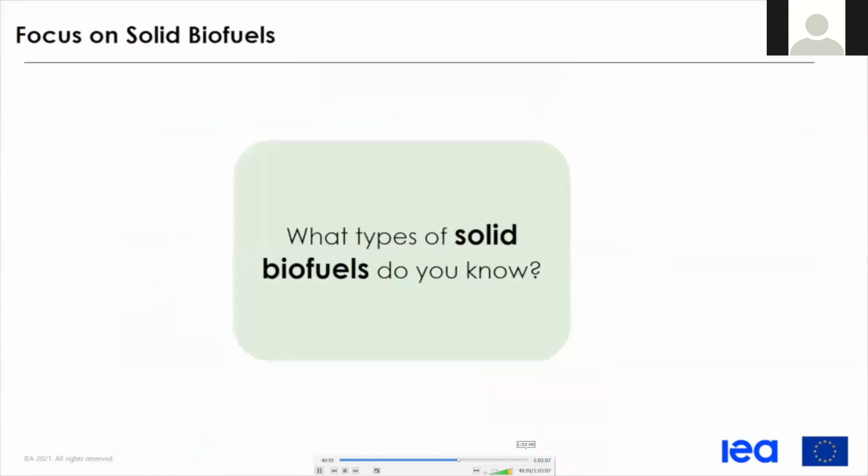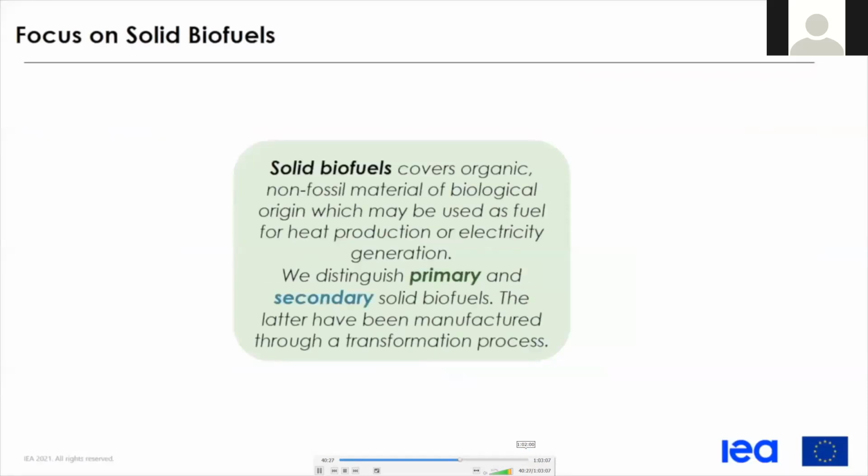So now let's see about solid biofuels to dive a little bit deeper on those important elements in Africa. We focus, as a reminder, for solid biofuel only on the fuel produced for energy purposes. So it is a small part of the total, for example, wood that will be cut in a year. We also make the distinction between primary and secondary fuel following what is recommended in the IRS.